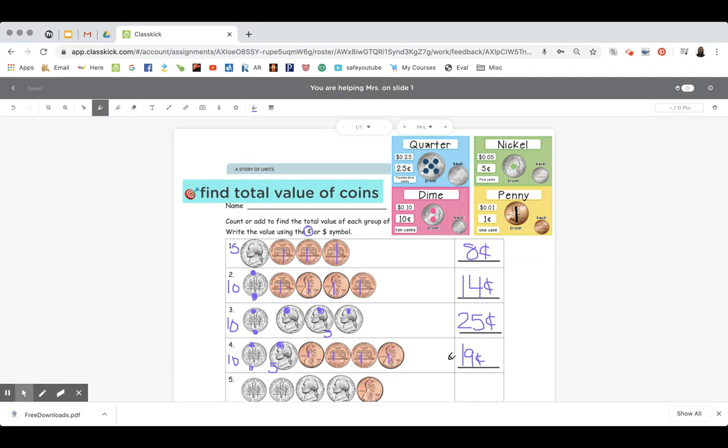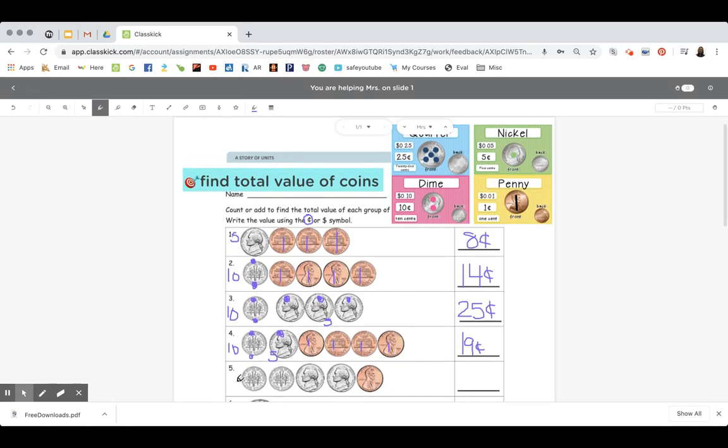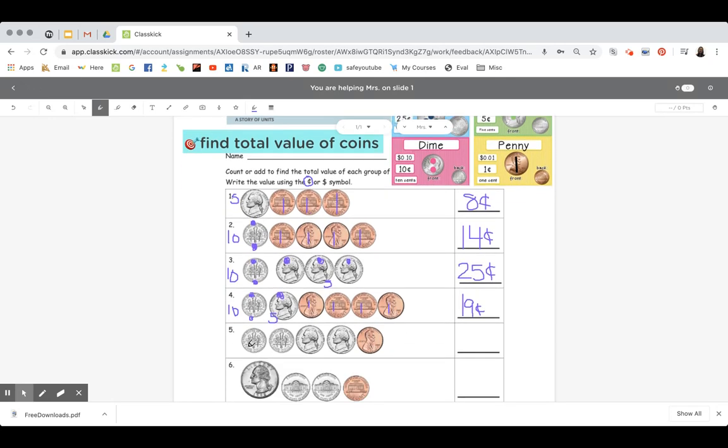Okay? If we look at number 5, we see we have 2 dimes to start with. They're the littler ones. 2 dimes, they're each worth 10. Then we have this little thicker one over here that's a nickel, and nickels are 5. And then we have the penny at the end.